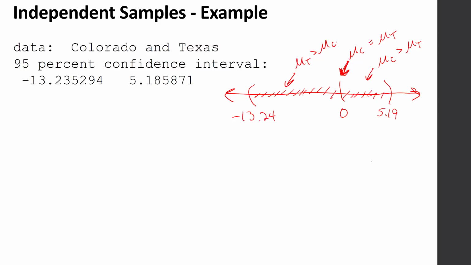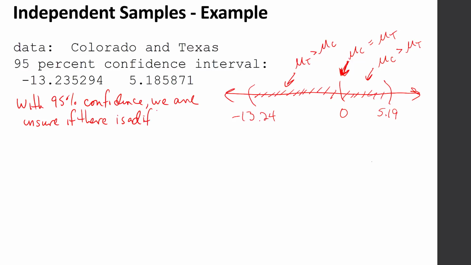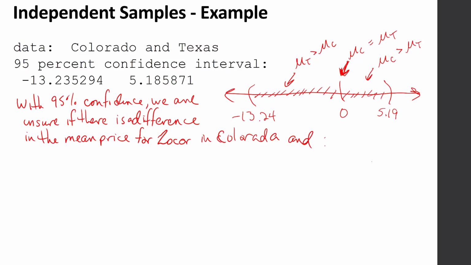So if we were actually going to formally interpret this confidence interval, we would have to write 3 sentences. We would say, with 95% confidence, we are unsure if there is a difference in the mean price for Zocor in Colorado and Texas.